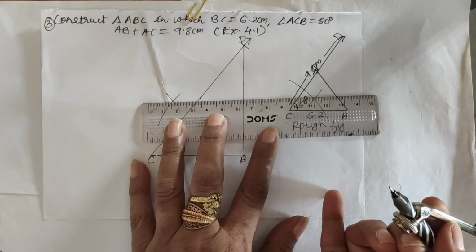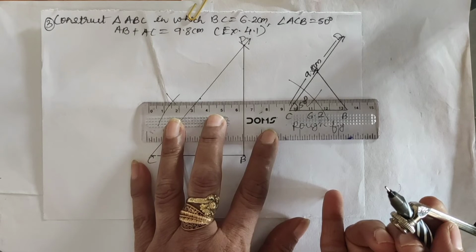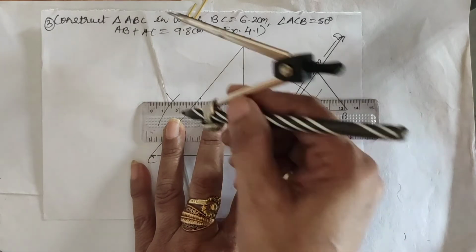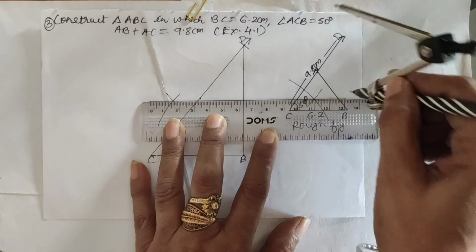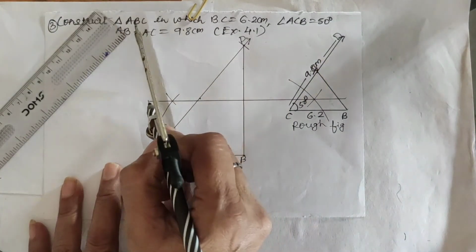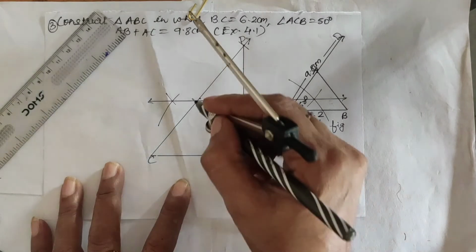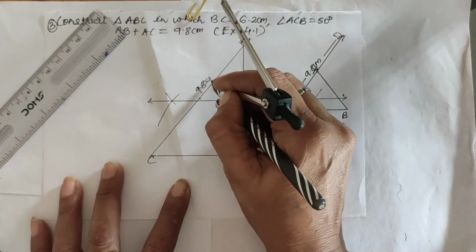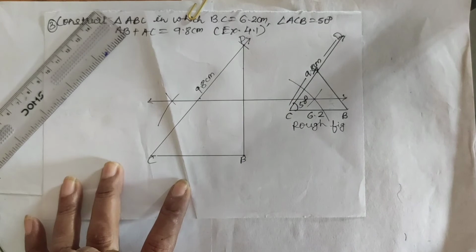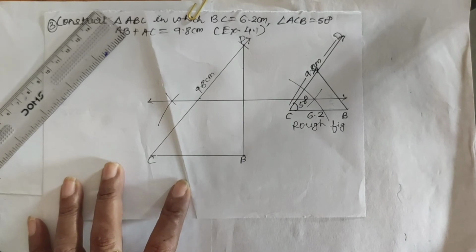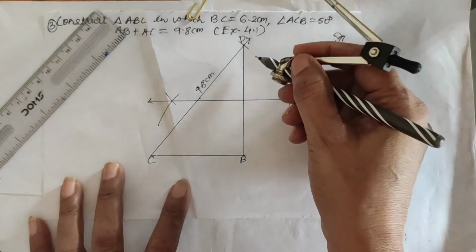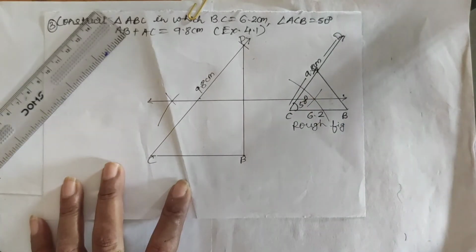Now the line should pass through the point of intersection, remember children, and now put arrows on both the sides. So this was your 9.8 centimeter. Now this is how we have constructed the perpendicular bisector of segment DB.